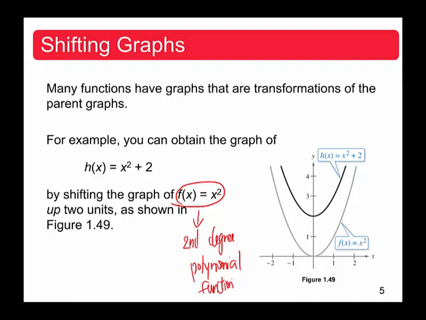So going from f of x to g of x to h of x here, we're shifting the graph upward 2 units. 1, 2, right? So moving up 2 units. So we're shifting the parent function f of x equals x squared up by 2 units. And this is what we call a vertical shift.